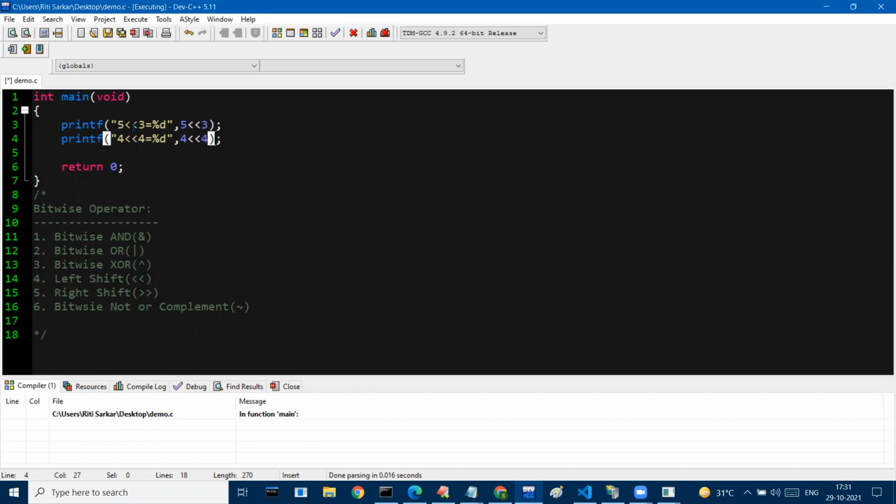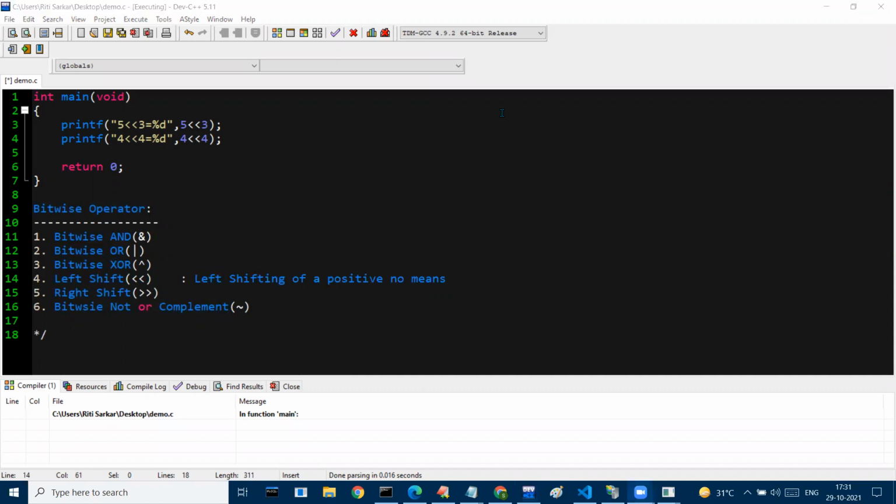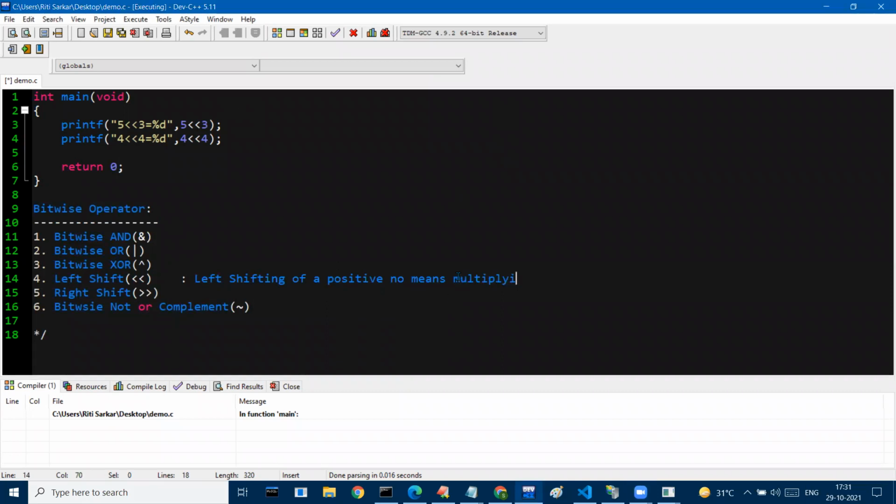Very simple. Left shift means what? Left shifting of a positive number means, yeah, already some students started giving the answer. Left shifting of a positive number means multiplying the number.